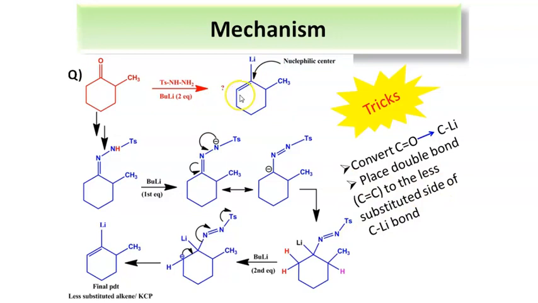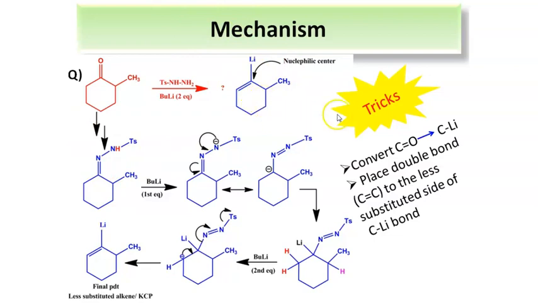That means, we will place the double bond to the left side here, because here the left side of the C-Li bond is less substituted, the right side is substituted, because in the right side there is a methyl group. Okay, so it is the substituted side. The double bond won't be placed at the substituted side in case of Shapiro reaction. So this is the final product of the Shapiro reaction. This is the less substituted alkene or kinetically controlled product.